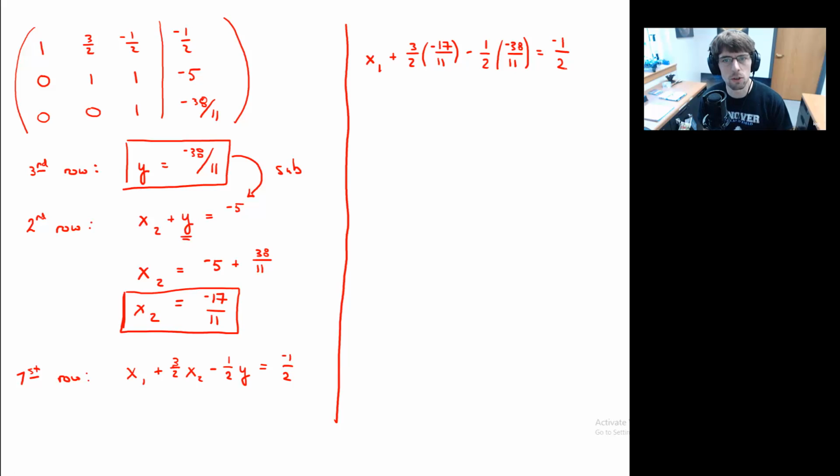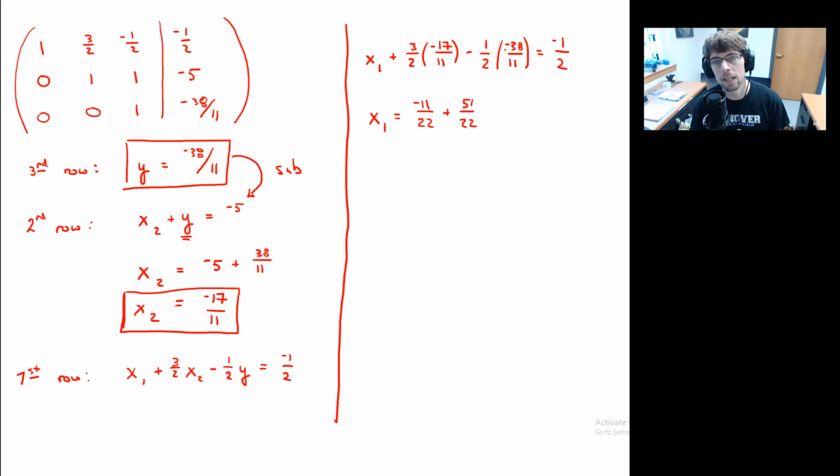Now I can move everything over to the other side. So we get something that says x1 equals, I'll go ahead and find a common denominator. So I have negative 11 over 22. That's the negative 1 half. Then I have plus 3 times 17, 51, plus 51 over 22.